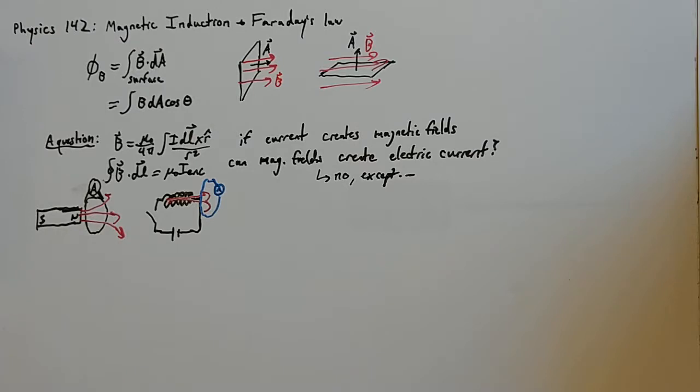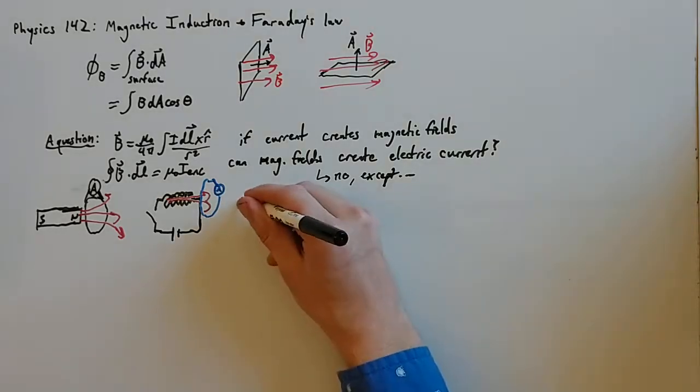And so what Faraday and others realized is that you can actually create a current in these wires, except that you don't do it just with a magnetic field. You do it by changing the magnetic field. That's really important, so let's write that down.